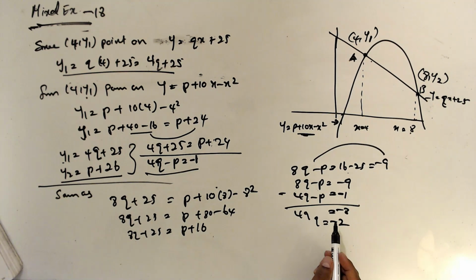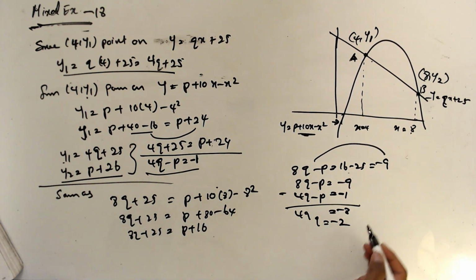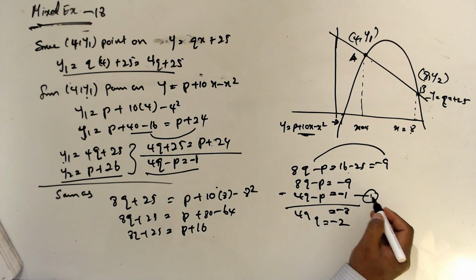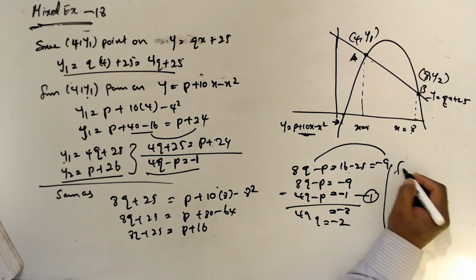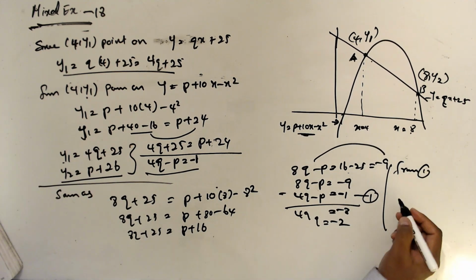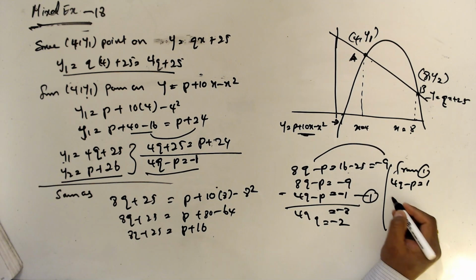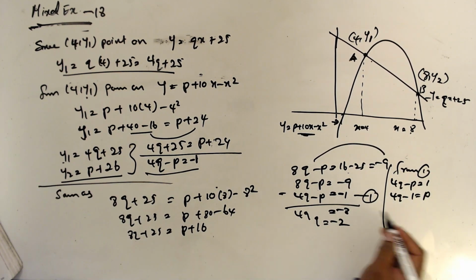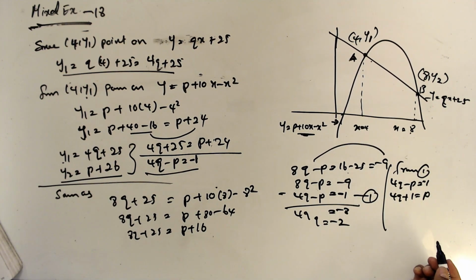When q equal minus 2, from equation 1, 4q minus p equal minus 1, so 4q plus 1 equal p.